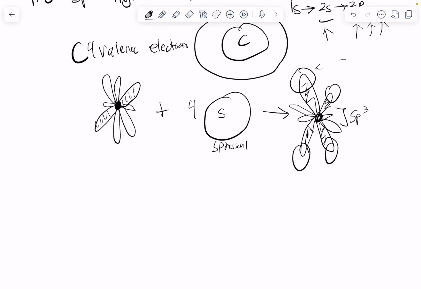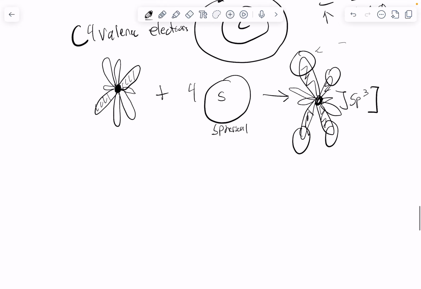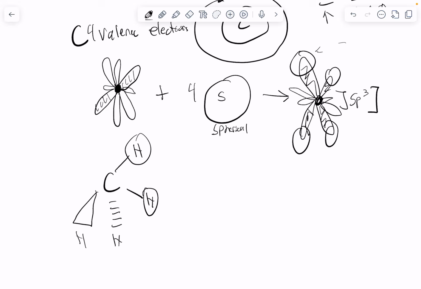And what this means, and this is the biggest thing, this hybridization is based mostly on the geometry. So we need to think about the way that these electrons push against each other. So let me draw another way of drawing methane. In this formulation of methane, these 2 hydrogens are in line with the paper.